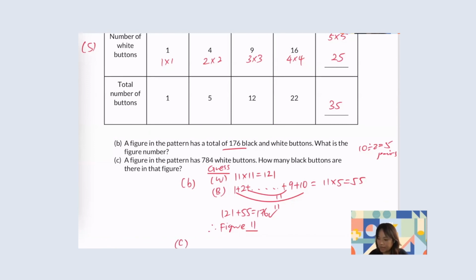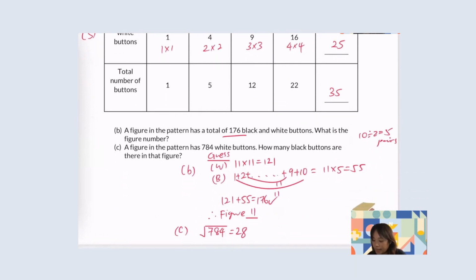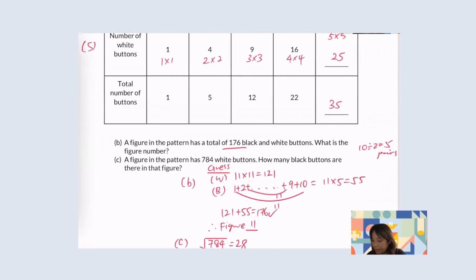Now for C, 784 white buttons. I just need to take the square root of 784, which gives 28. That means my black buttons have to end at 27 because it's 1 less. So 1 plus 2 plus all the way to 25 plus 26 plus 27. For an odd number of terms, you need to leave the odd one out.